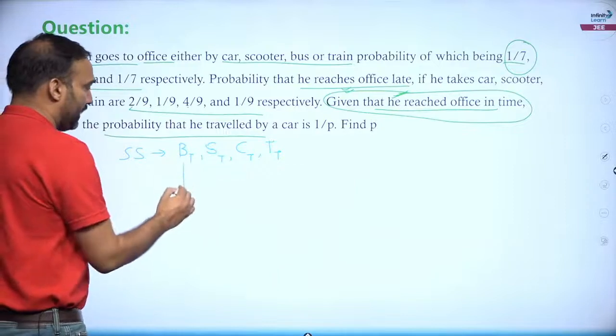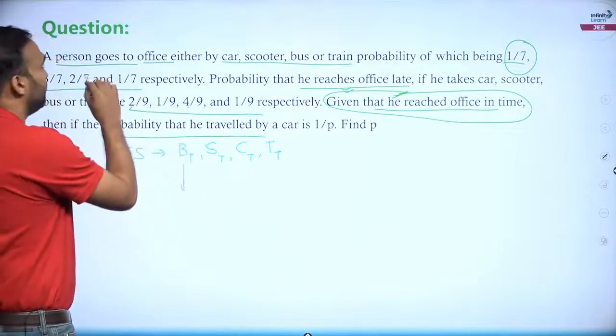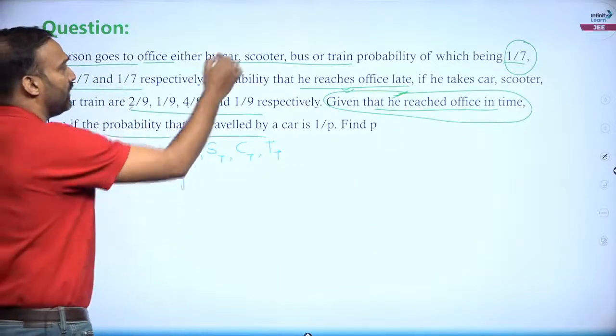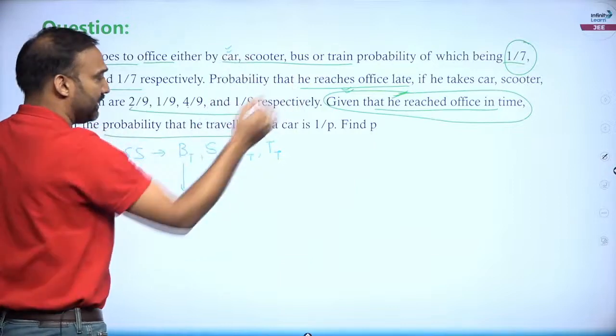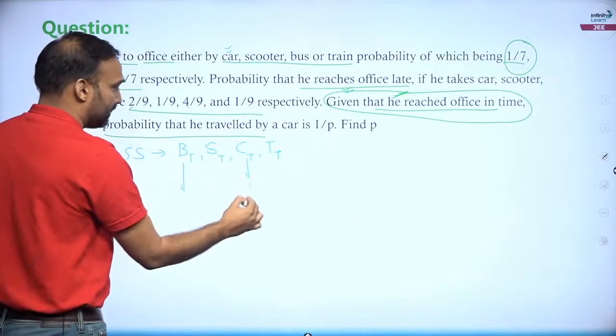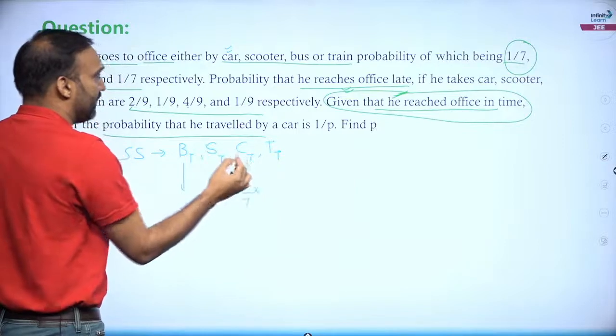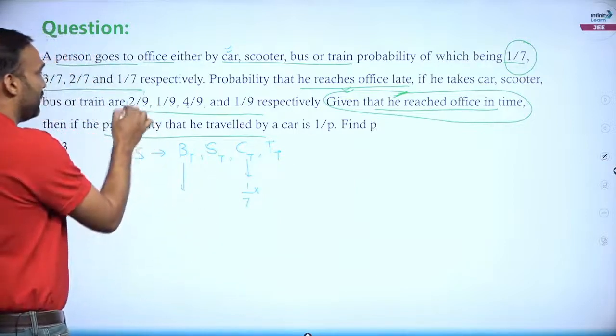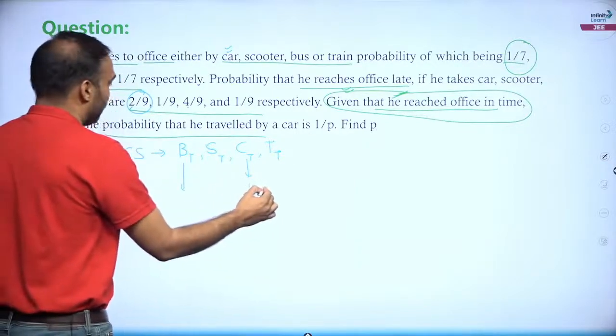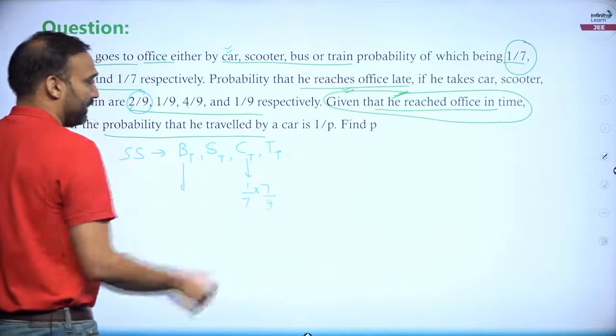So let us calculate. So he selected the bus. So let us first do for the car. For car it is 1 by 7. The selection of car is 1 by 7, and reaching time by car, 2 by 9 is for the late, for reaching time it would be 7 by 9.